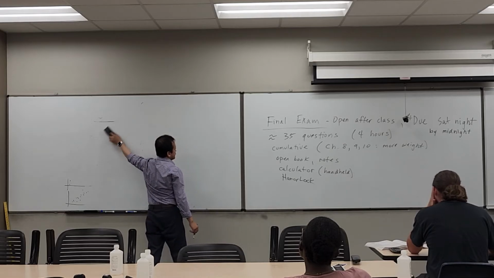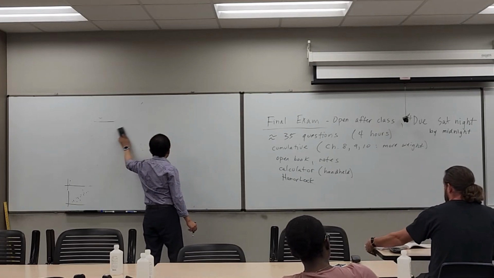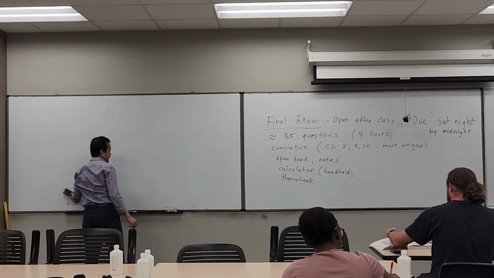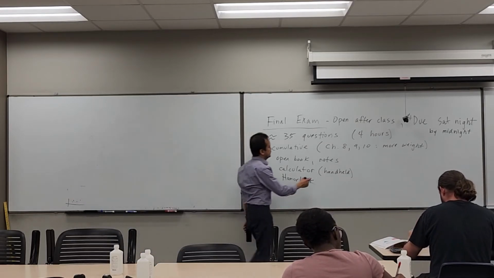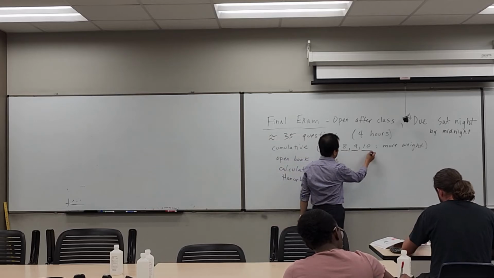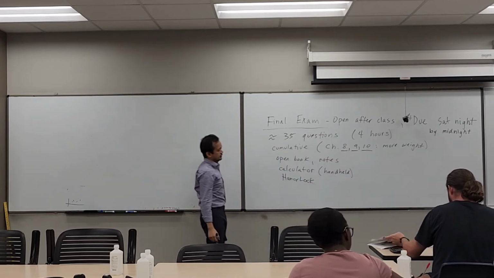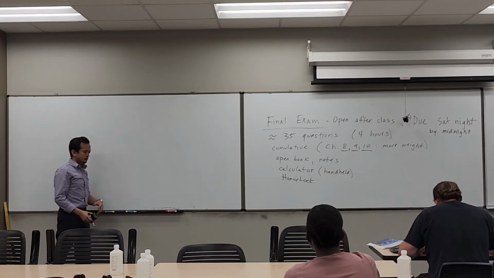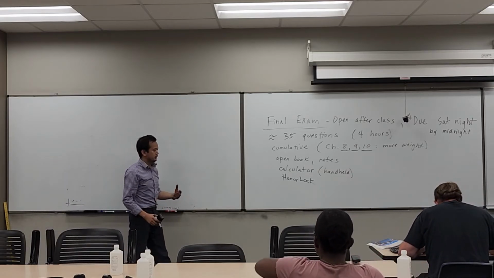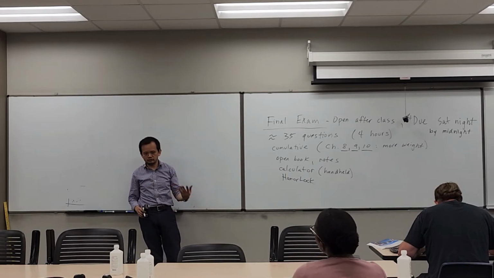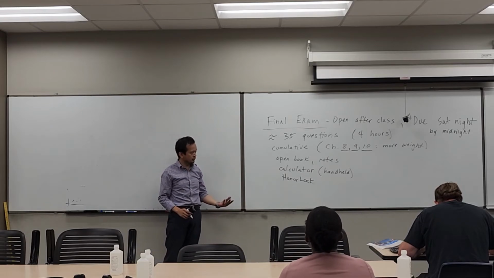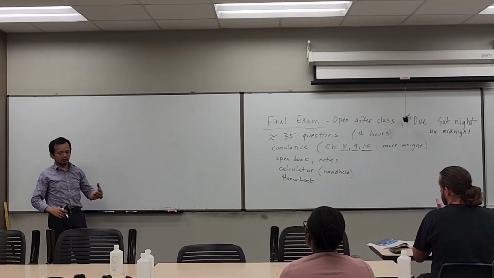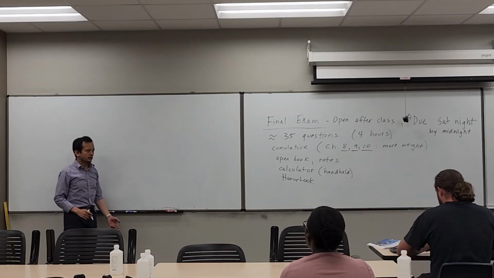All right, let's start reviewing. So the stuff that you haven't been tested on is chapter 8, 9, and 10. And basically, the bulk of that is hypothesis testing. And as you've seen, all hypothesis testing questions follow the same framework. And if you're comfortable with that framework, then hypothesis testing will be really easy.